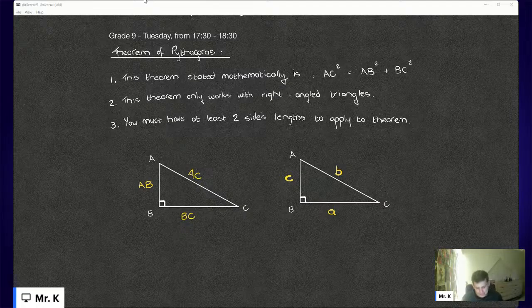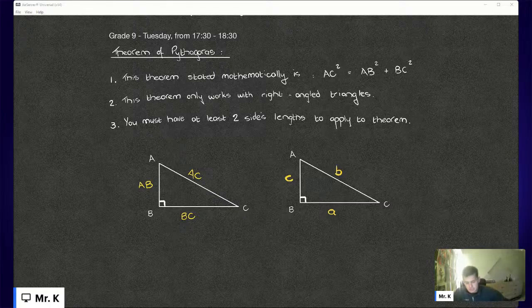Now, why do I tell you this? When we look at textbooks and we try and study this section of work, sometimes when we go through other sections of geometry, these naming conventions can be a little bit confusing. Sorry, guys.